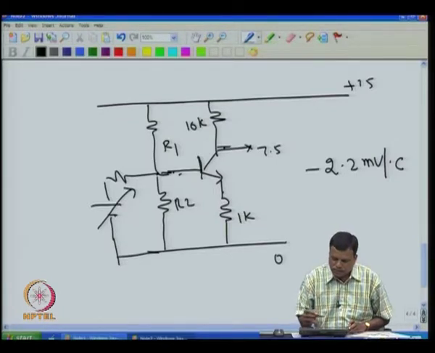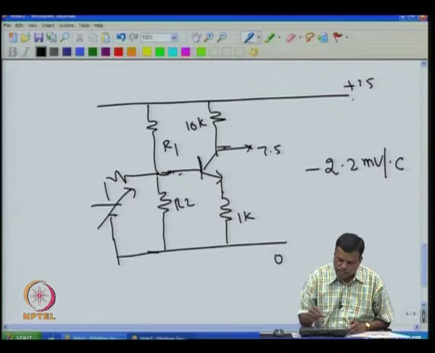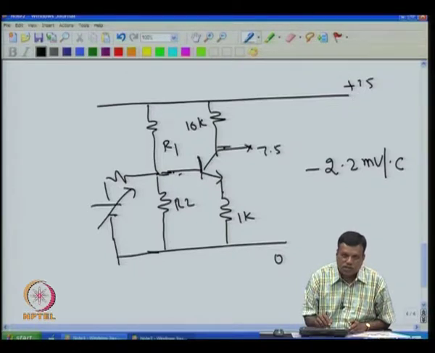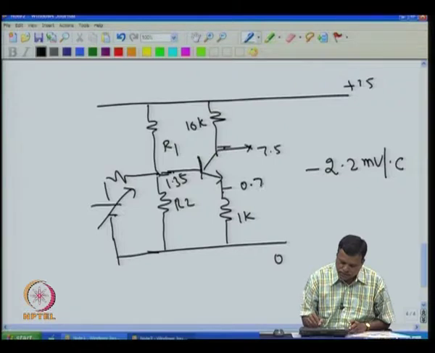That means, even if this supply voltage is constant, even if this base voltage is constant, if for example at 25 degree C the base emitter voltage is 0.6 and this is sitting at 1.35, you will get 0.75.